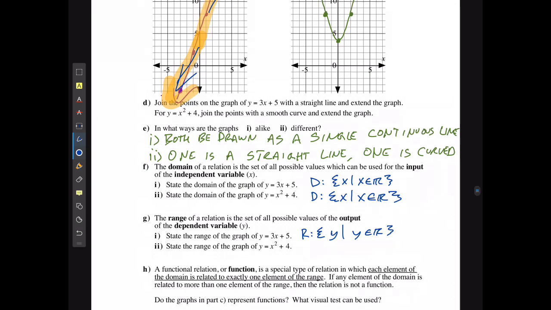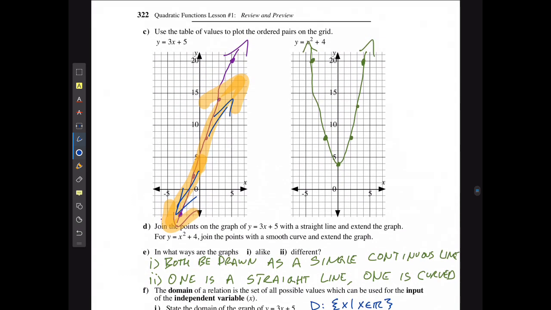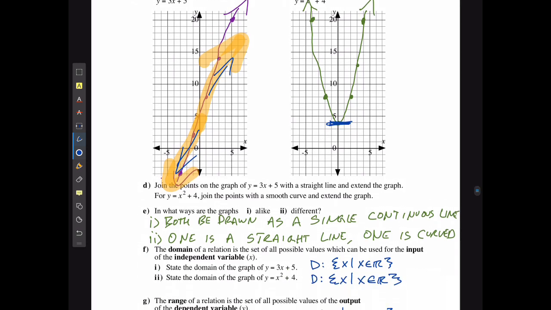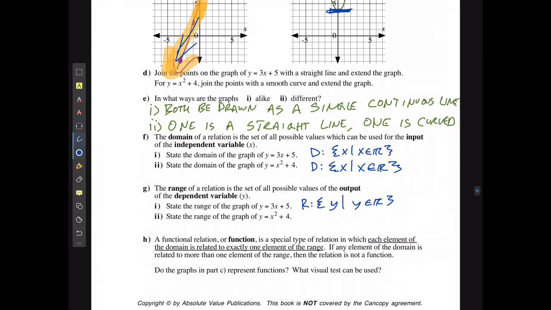In the second case, y starts up high and then comes down, it hits this lowest point, and then it shoots back upwards again, which means that for this one, y has to be bigger than or equal to the lowest point that it hits, 4, where y is an element of all real numbers.